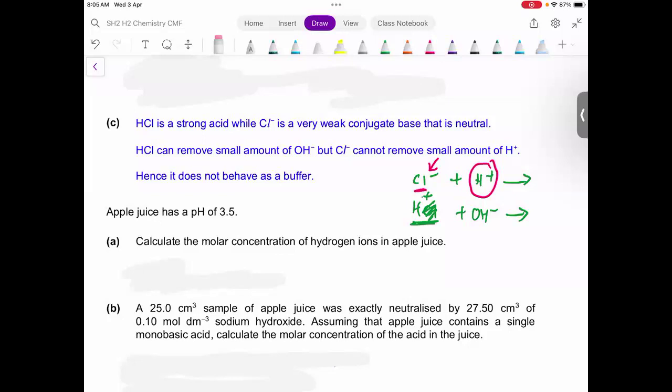The undissociated weak acid will be the one that removes the OH minus, through dissociation. But then there's a lot of H plus. So when the OH minus is added, there's no reason why the dissociated H plus doesn't react with it.